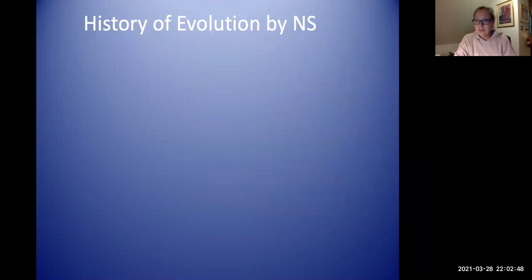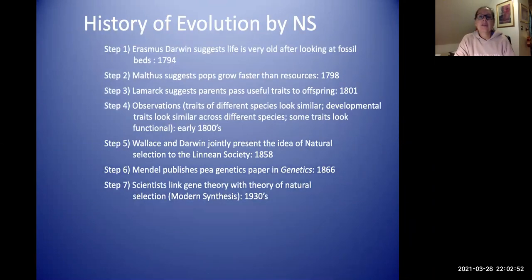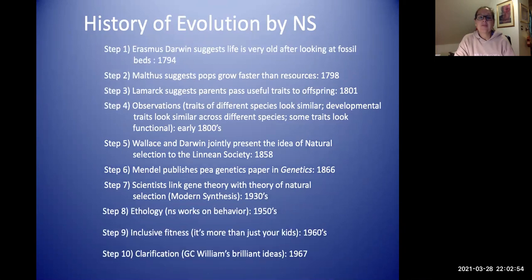Okay, we're done. We did all 10 steps. So these are the 10 steps, just as a reminder. The first thing, step 1, we had Erasmus Darwin, who was suggesting that life is very old after looking at fossils. We have Malthus, who suggests that populations grow faster than their resources, which implies competition.